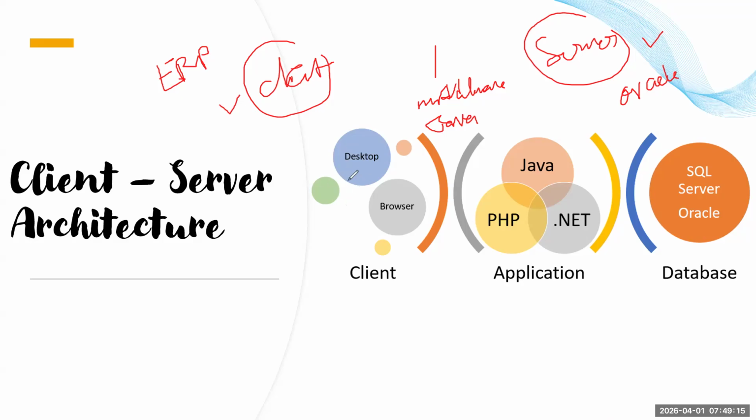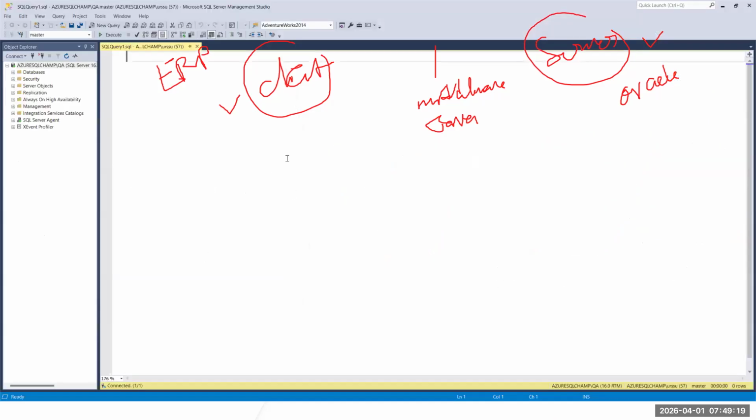But what do you mean by client? See, SSMS is also one client, SQL Server Management Studio. If you want to work with SQL Server, we will use one tool called SQL Server Management Studio. Each database management system came up with different tools.